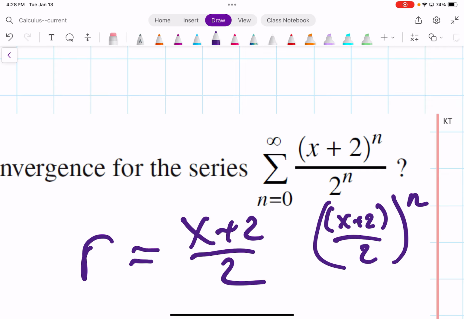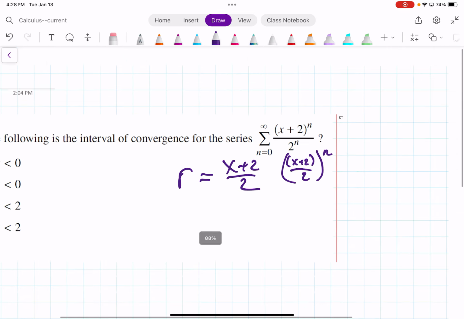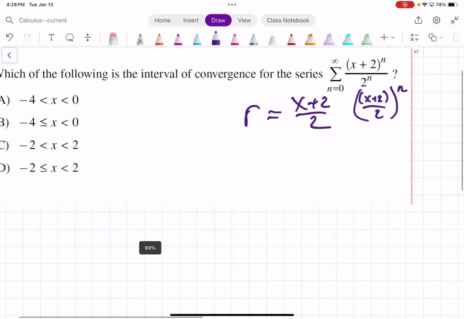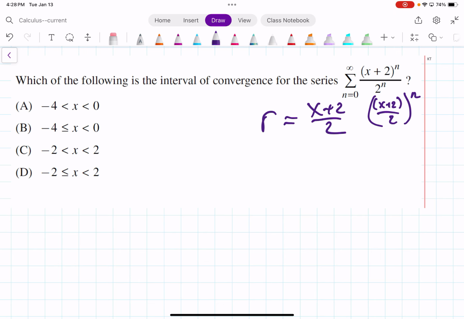Now, this is a real AP question, multiple choice, or at least a style that they have asked all the time. It says, which of the following is the interval of convergence for the series?